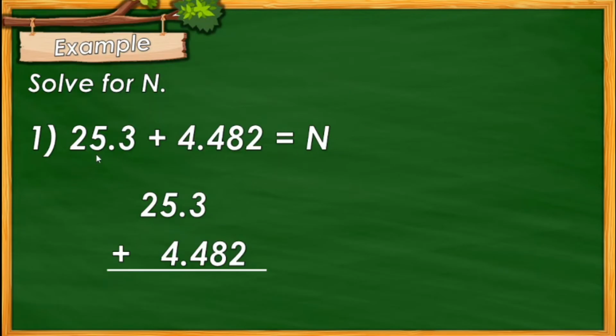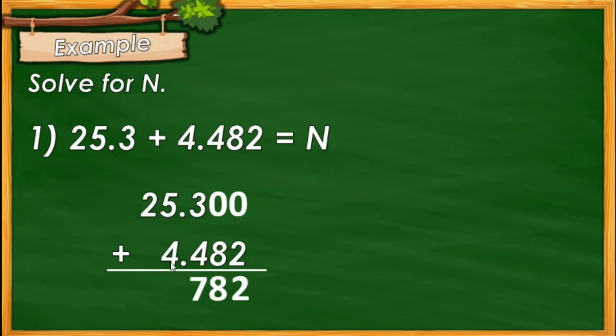So arrange the decimal numbers in column. So we're going to align the decimal point vertically. Then add 0 to make the same highest place value. So perform the operation. 0 plus 2, we have 2. 0 plus 8, we have 8. 3 plus 4, we have 7.